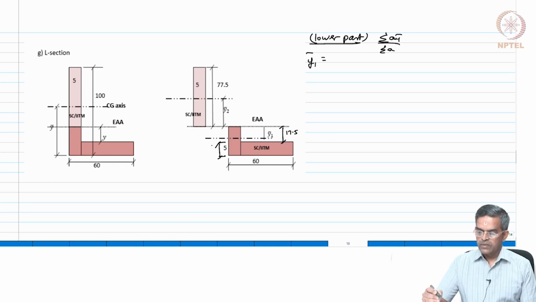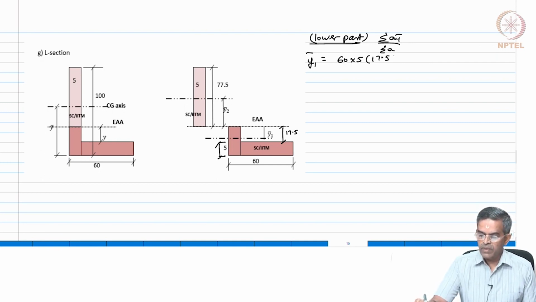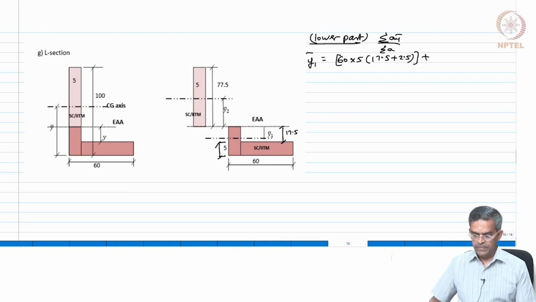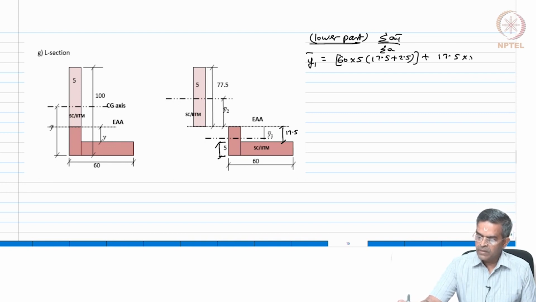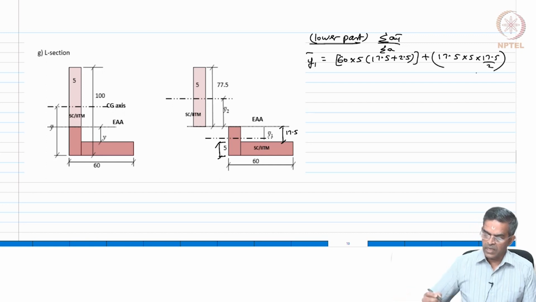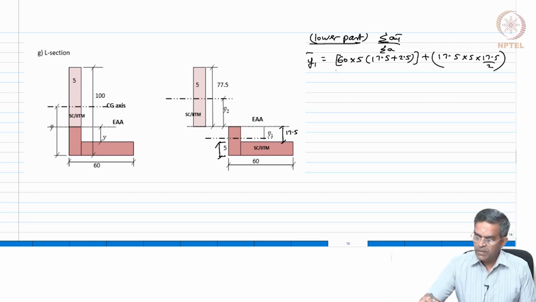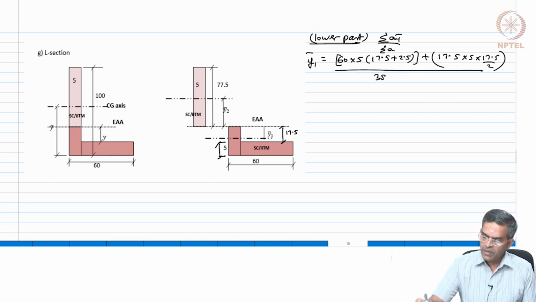Okay. So, y bar 1 will be 60 into 5 into 17.5 plus 2.5, okay, that is one piece, plus 17.5 into 5 into 17.5 by 2, that is the second one, divided by 387.5, that is the A by 2 value.